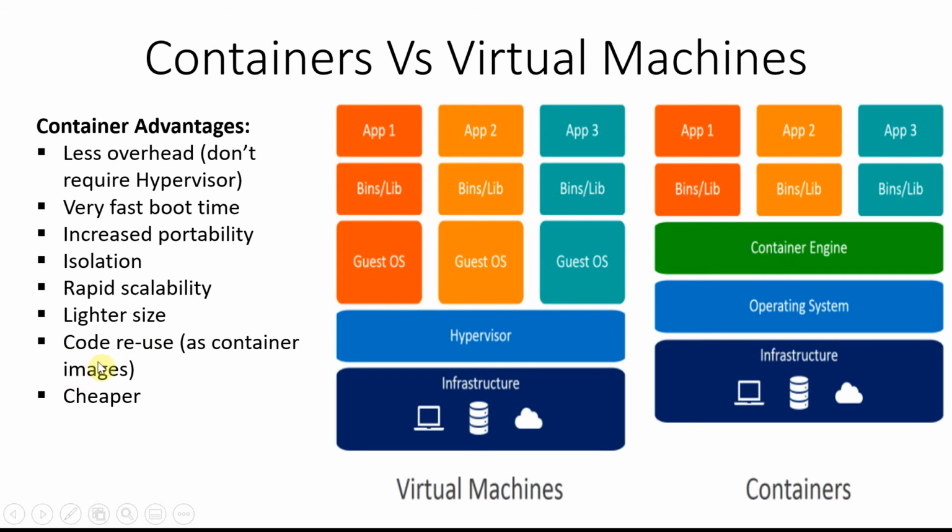And also the code reusability. Every application is a container image, so you can reuse that container image. For example, you create an Ubuntu container image, and you can put it in a common place. Generally, it's called a container registry. Docker Hub is one of the popular container registries. So you can push your container image into a place where others can reuse it.